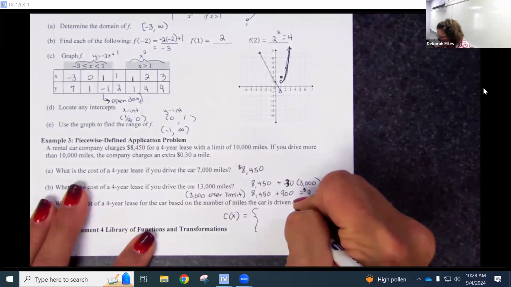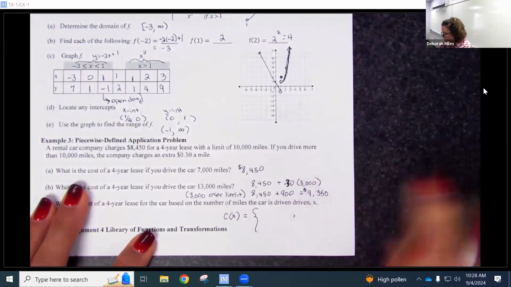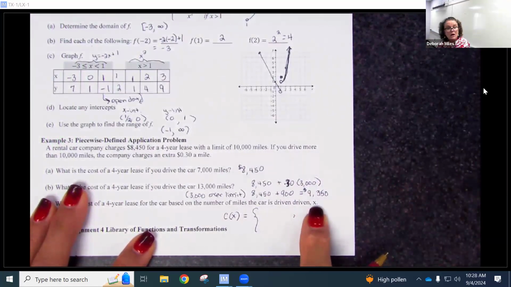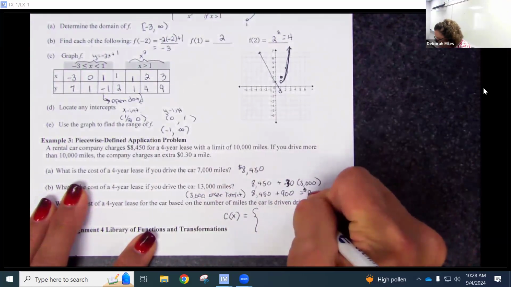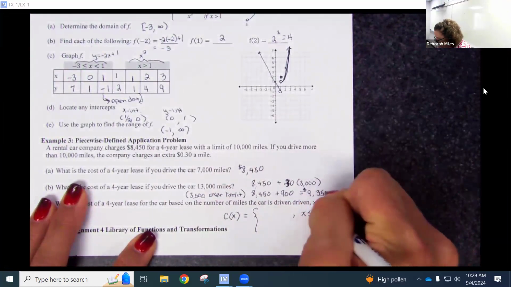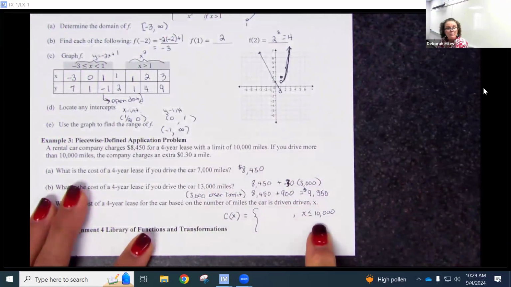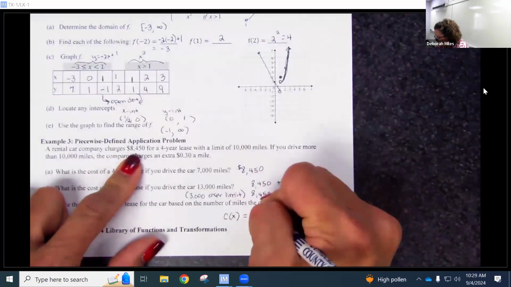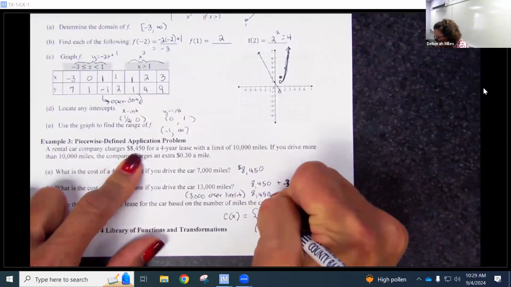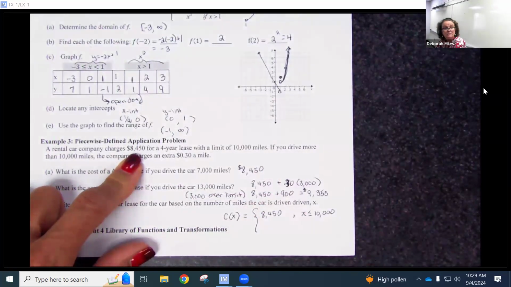The first piece is for x miles up to 10,000. So for x less than or equal to 10,000, what do I pay? If I drive less than or equal to 10,000, I only pay $8,450, and that's it.